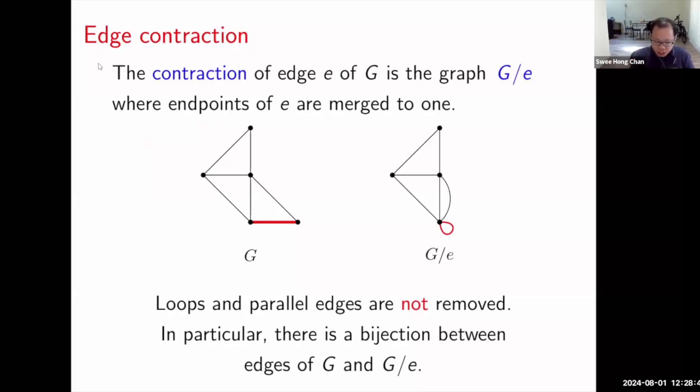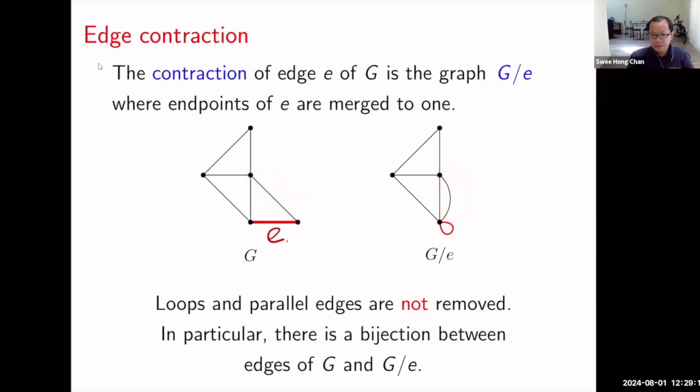Given a graph G, the contraction of the edges E of the graph is the graph G over E, where the endpoints of the edges E are merged into one vertex. For example, here is the graph G, and the red edges here are E. Then G over E turns these red edges into a loop and turns these edges here into parallel edges.